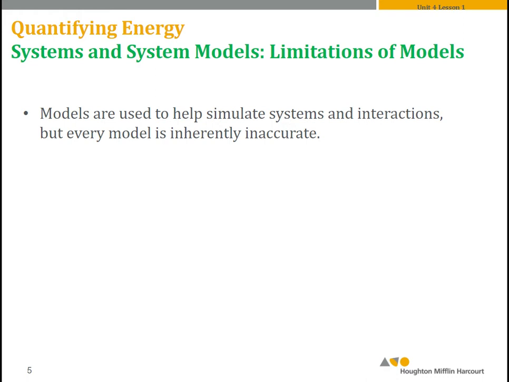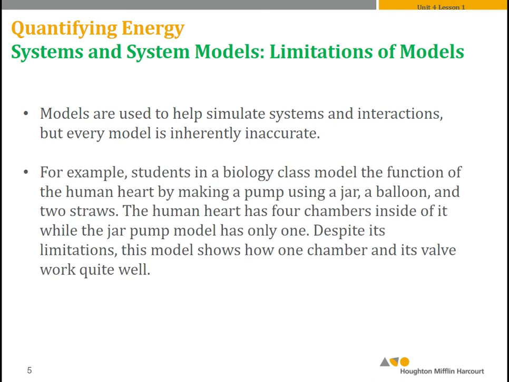Every model focuses on a few specific components of a system, so every model is inherently inaccurate. It doesn't include every possibility that could ever happen in the universe. And so models are defined by the person creating them, and so they do have certain limitations. Every model has limitations.